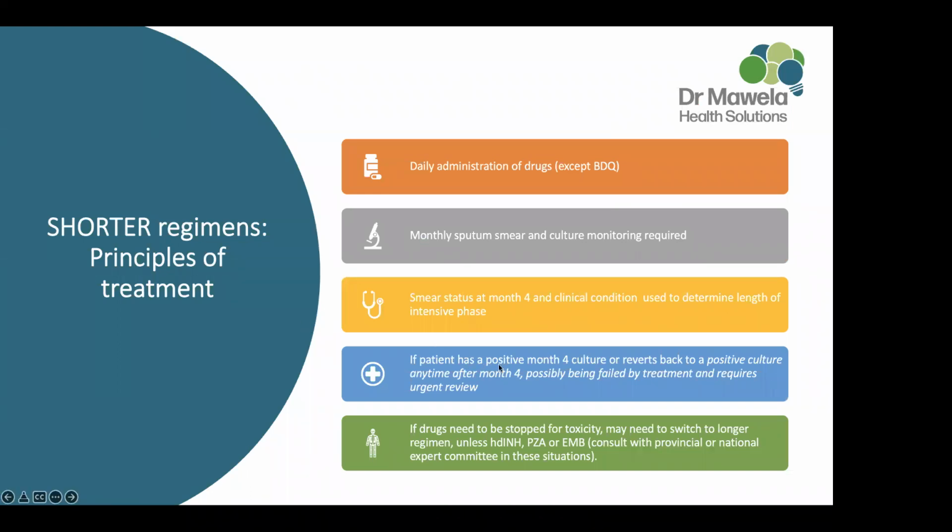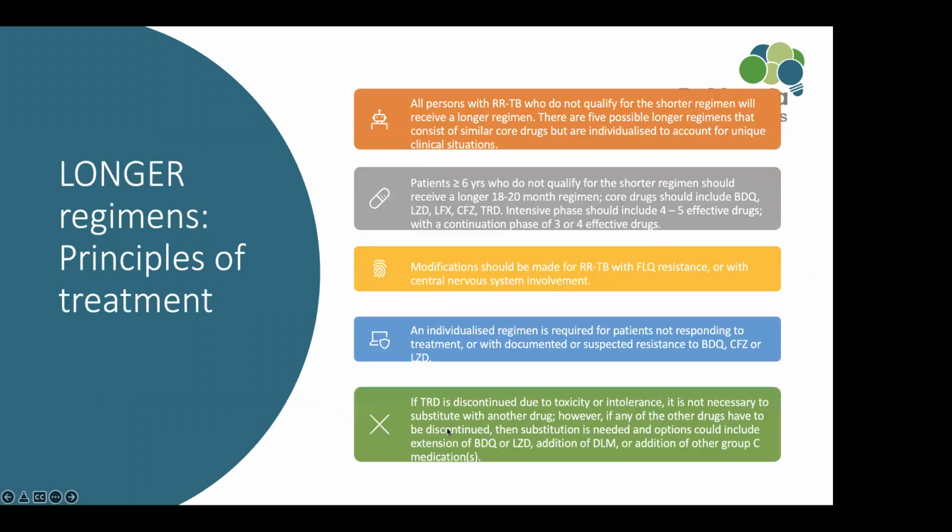So if a patient has a positive 4-month culture, then we might need to extend treatment or even consider them to have failed, and they might need to be reviewed and probably be switched even to an extended long regimen, which is quite important right there.